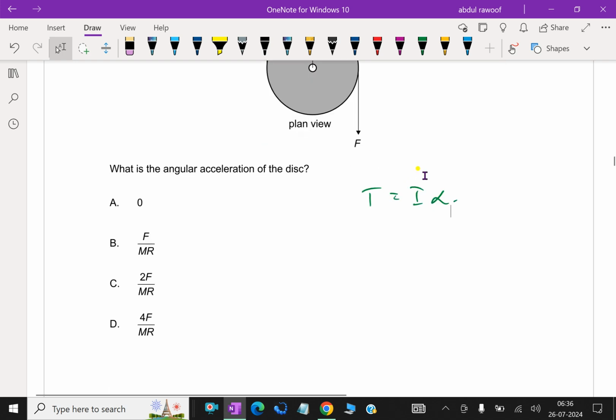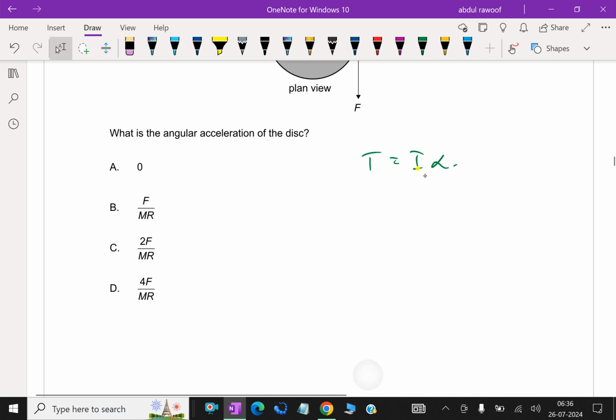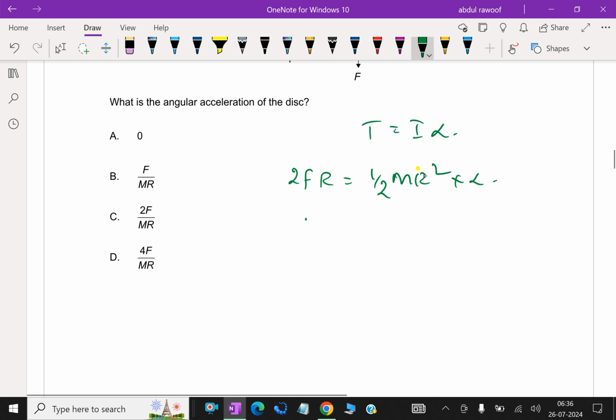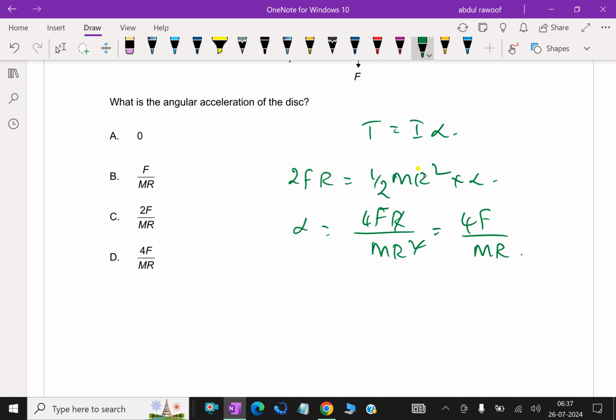So 2 times F into radius, 2Fr, equal I, which is half mr square as given, into alpha. Therefore, alpha equal 4Fr over mr square, which gives, with r cancelled, 4F by mr. The option is D.